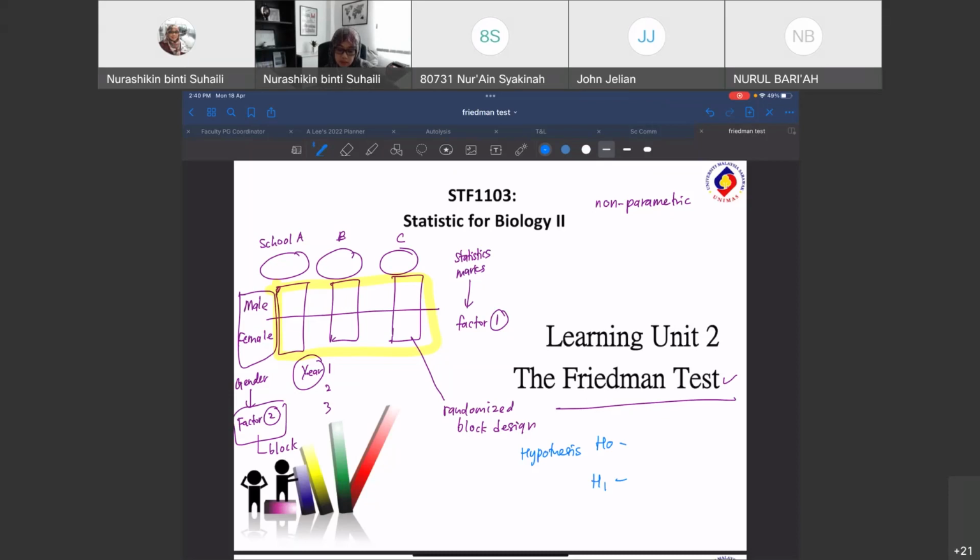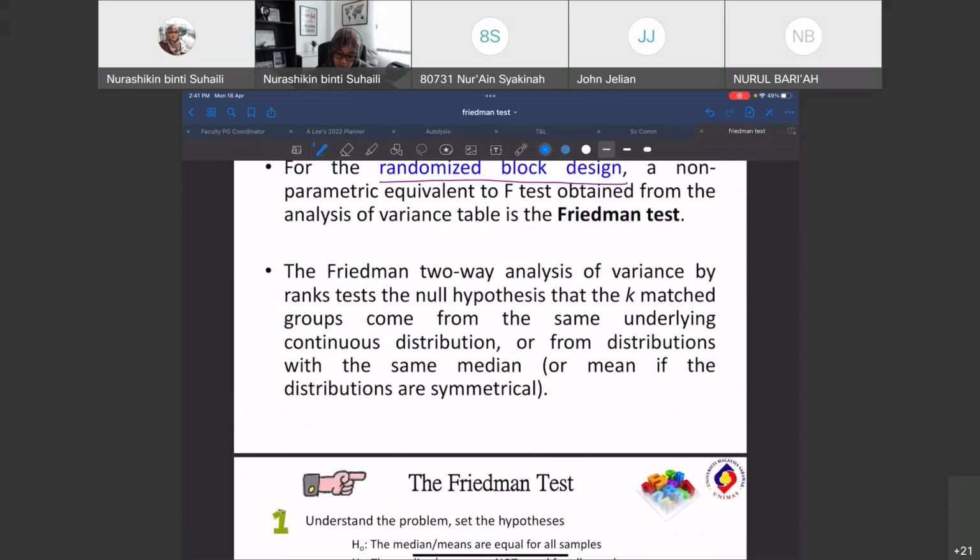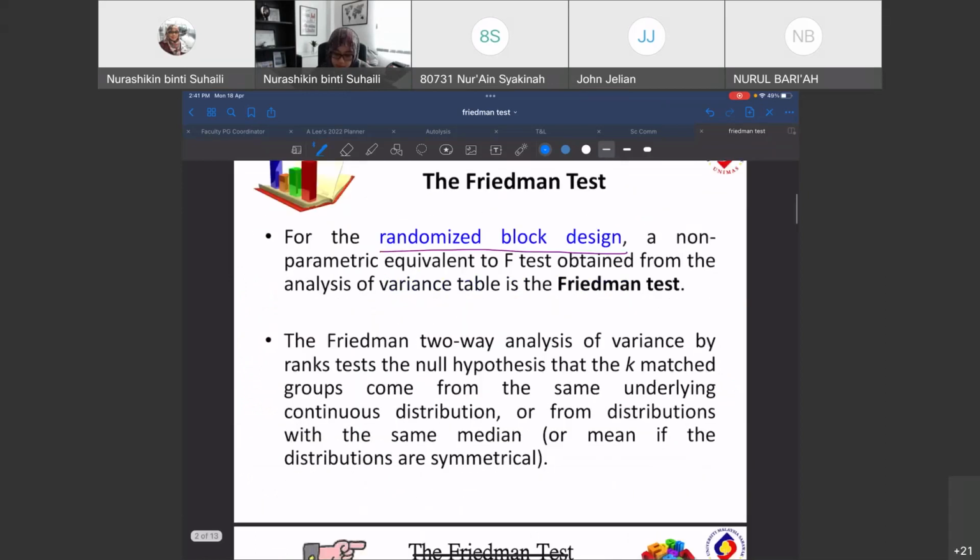The difference will be between school A, school B, school C in general, and also if we want to talk about just male students, or across the block. So I think that explains this one.